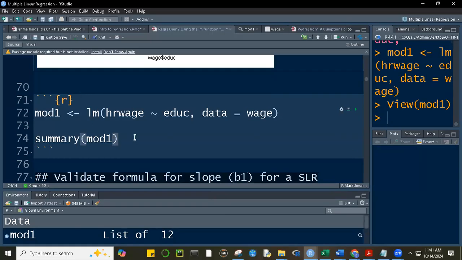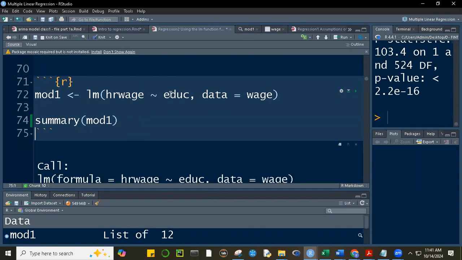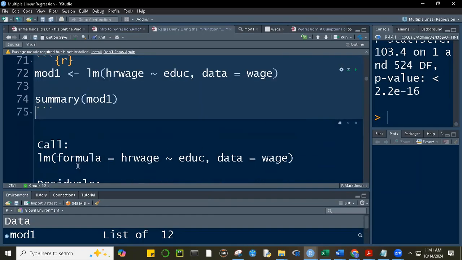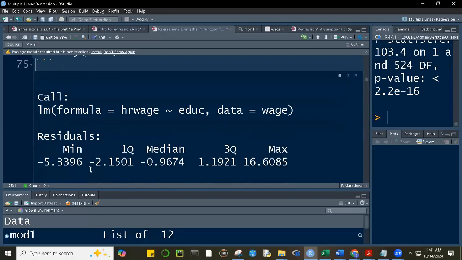And in fact, we can generate the summary of this by using summary mod 1, class, tingnan natin. And then here you have, okay, so this is the formula that we use, LM, hourly wage regressed or associated with education. Data is equal to wage. And then you have here the descriptive statistics for your residuals.